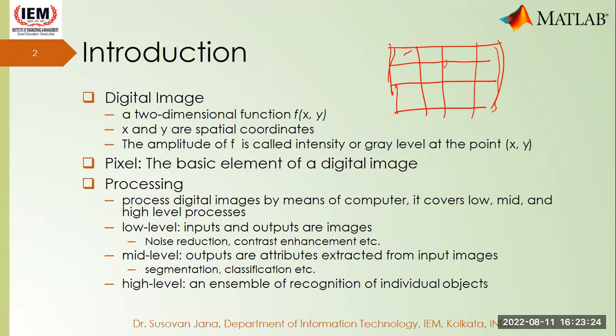For mid-level processing, the outputs are attributes extracted from the input image. So inputs are images and outputs are some attributes, for example segmentation and classification. And for higher level processing, it is the recognition of individual objects using the image.